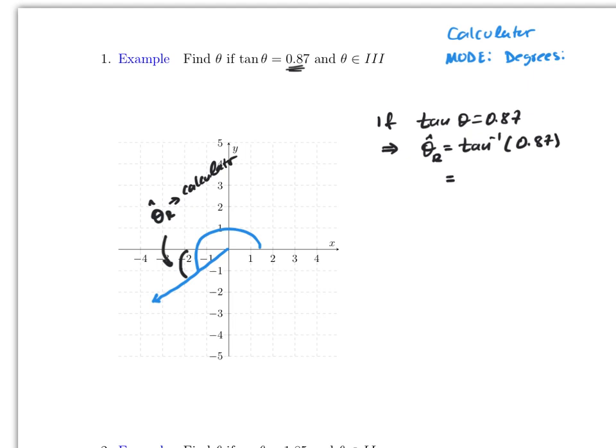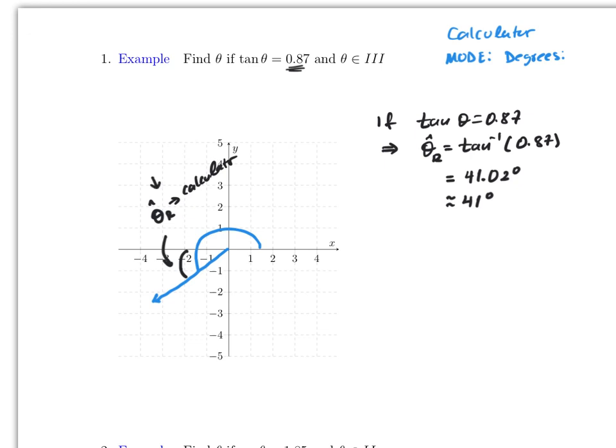So you use a calculator, make sure that this is in degrees mode. Then the answer is 41.02 degrees. So let's round this to 41 degrees to make things easier. So clearly that's not the angle from here to here, that's just the reference angle.